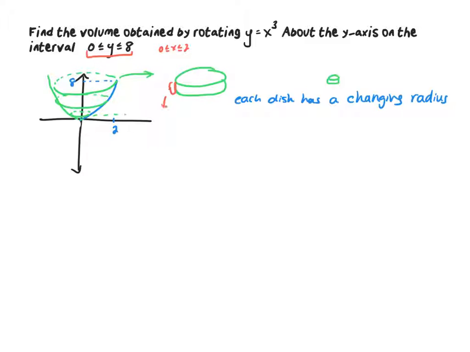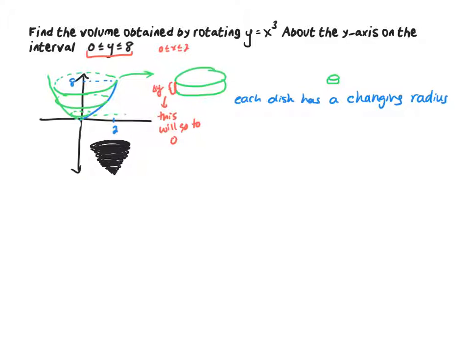This distance that I'm talking about will go to 0, because if we're trying to get an infinite amount of those disks, we need to get them thinner and thinner and thinner. Now, because this is an up and down direction, I'm going to call that the change in y for those disks. So if I wanted to sketch the shape created by rotating this around, it would look something like this type of figure here.